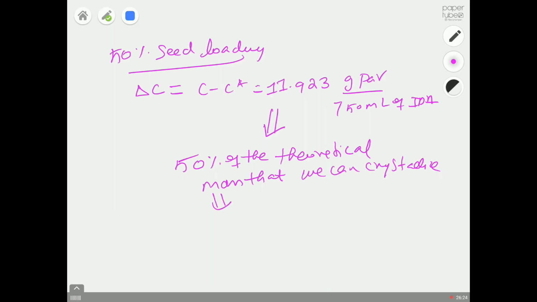Whatever number we get will be the mass of the seeds that we are going to add into the crystallizer.